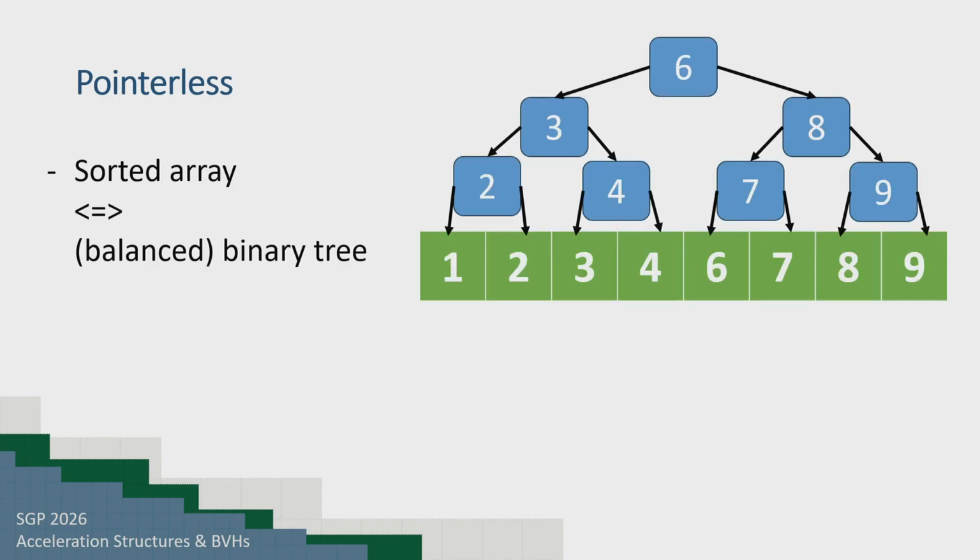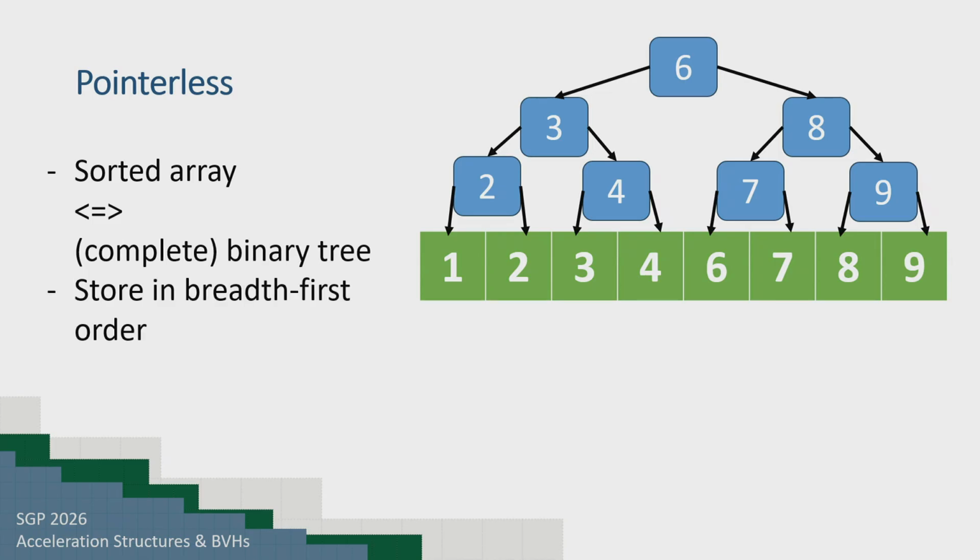I showed this earlier with the binary search, which is kind of equivalent to a binary tree in a sense. If you have a sorted array, we can implicitly imagine that there is a tree on top of it. We start in the middle, we have the two sides, two children, halfway on each side, and so on all the way until we reach the data.